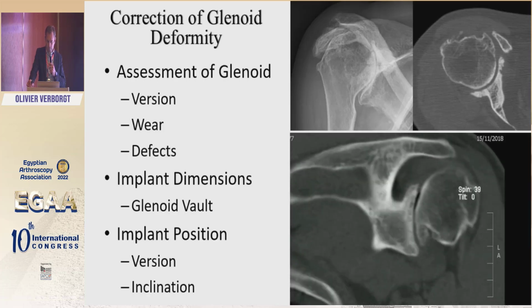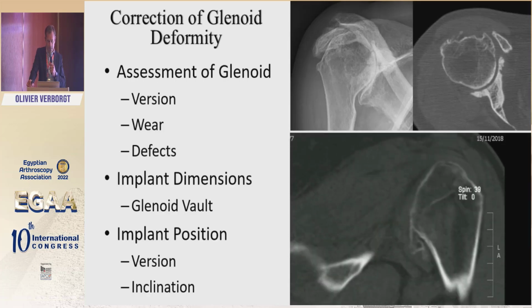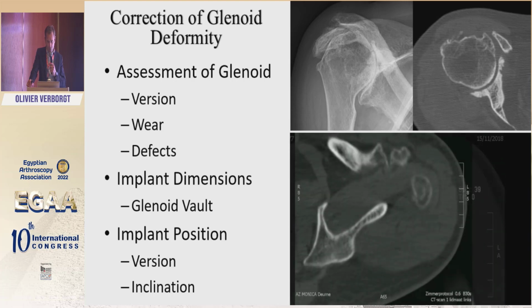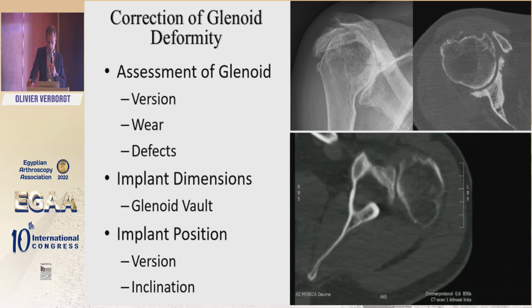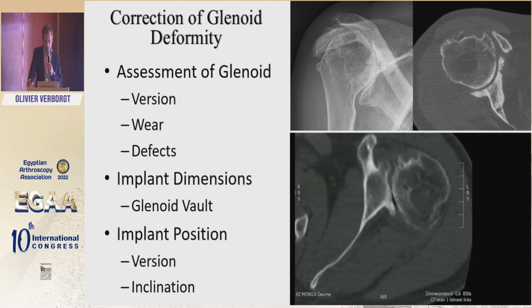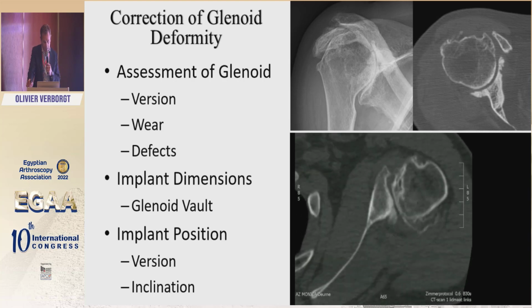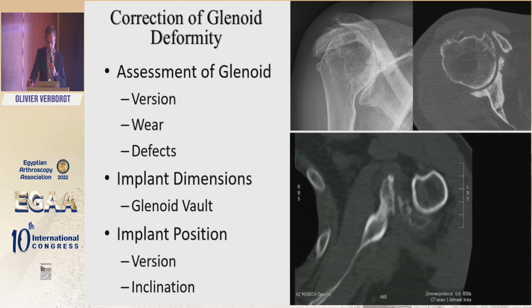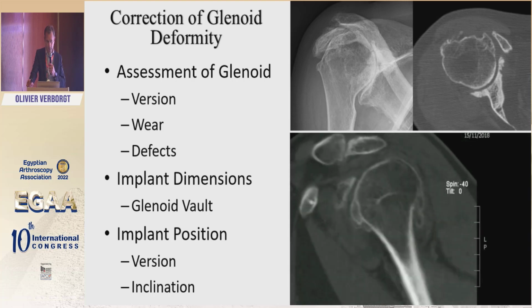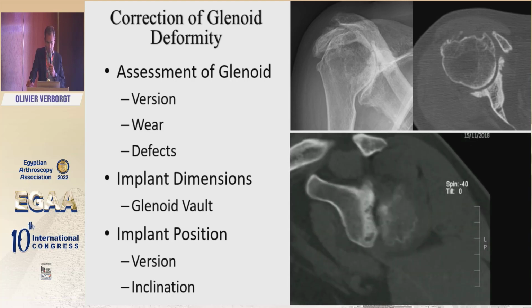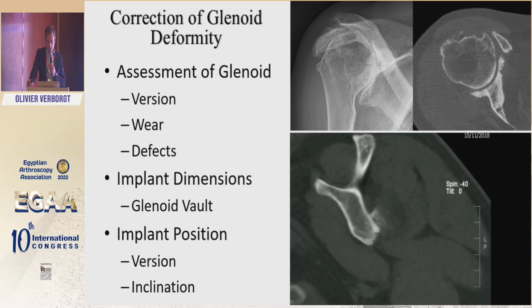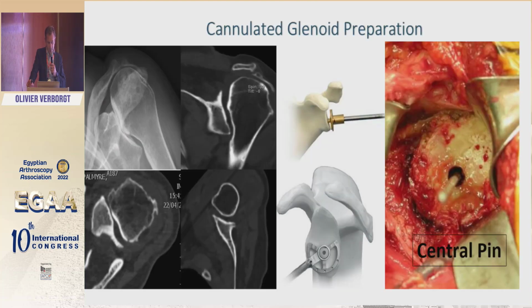When today we are planning our arthroplasties, the way we look at it is we try to correct deformities by assessing the glenoid on standard X-rays or on CT scans, trying to assess glenoids in terms of version, in terms of wear and defects, and then try to figure out whether that glenoid vault can accommodate the implant that we had in mind, and then try to get it right for that patient in terms of the right position for version and inclination.